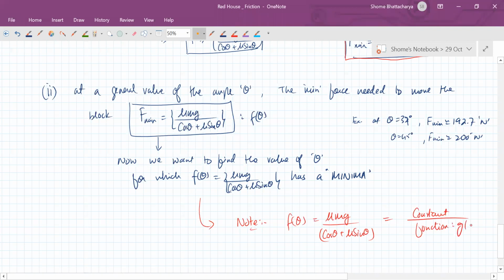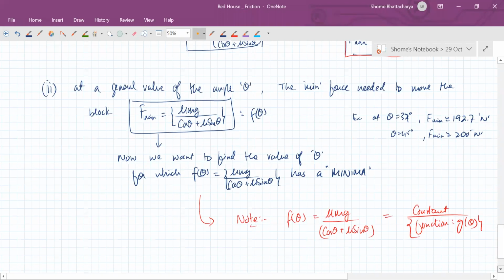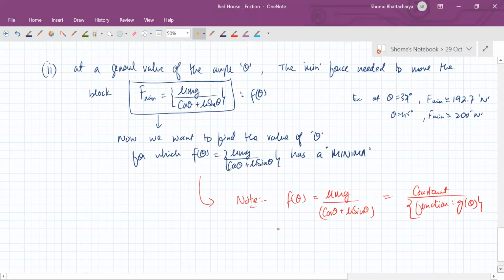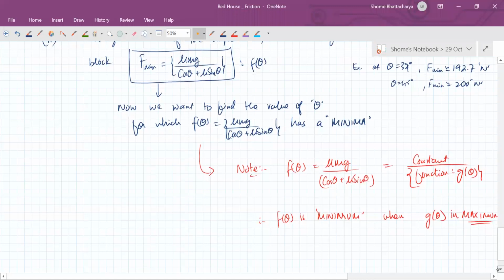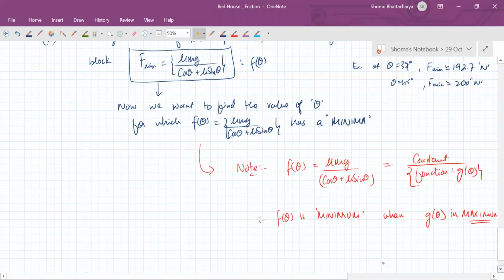Let's say that function I'm writing as g of theta instead of f of theta. So therefore you can see that f of theta is minimum when the denominator, that is g of theta, is maximum, because the numerator is a constant. So if I just maximize the denominator, okay, I can find out the minimum force required.